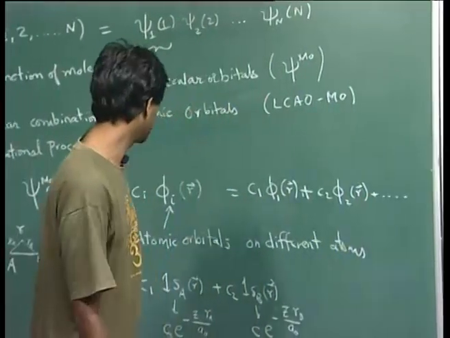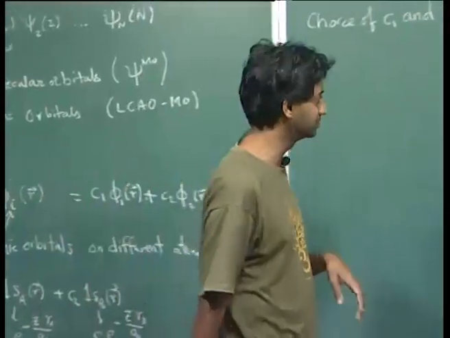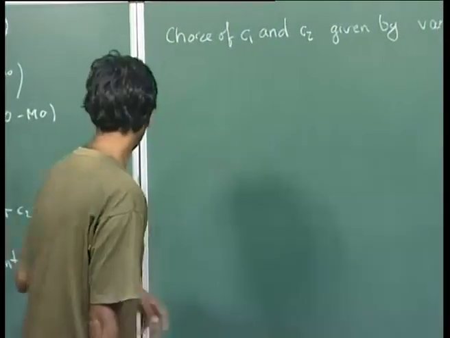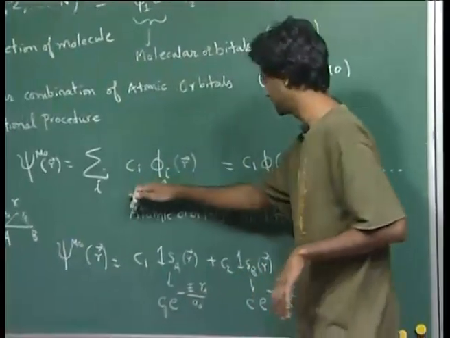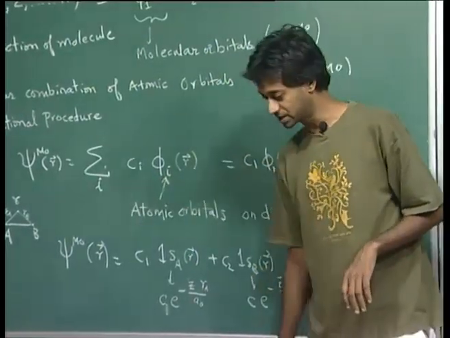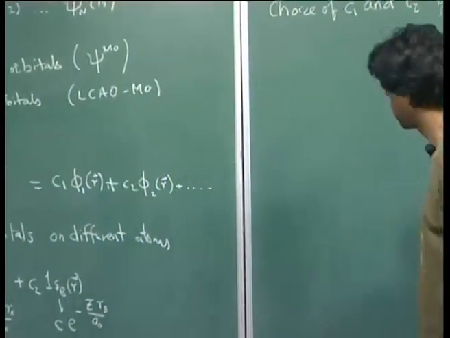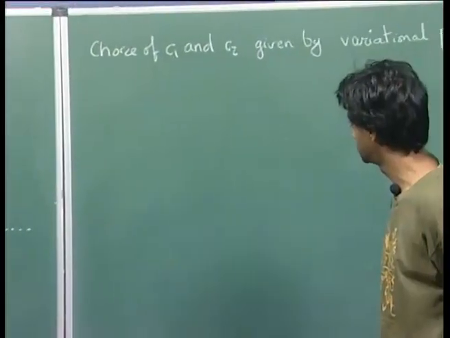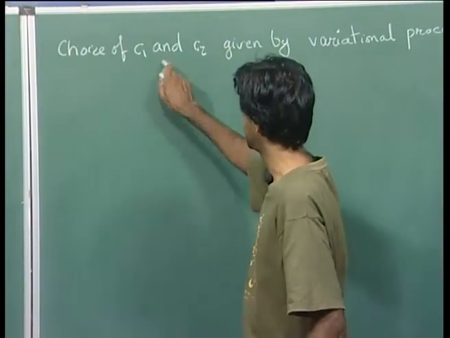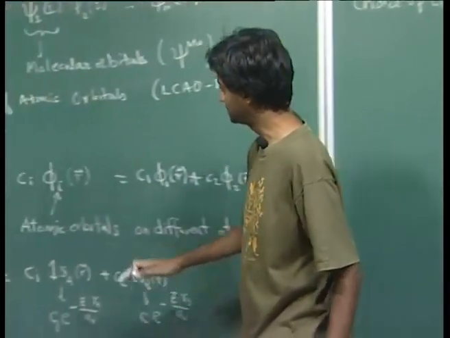Okay, so how does this work? This is based on something called the variational theorem that says that if you calculate the energy of any trial wave function, then it is always greater than or equal to the true ground state energy. Okay, so then the best choice of C1 and C2 will be that choice that gives you the minimum energy.